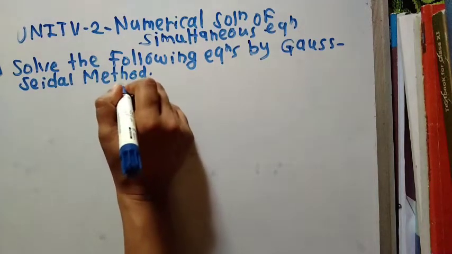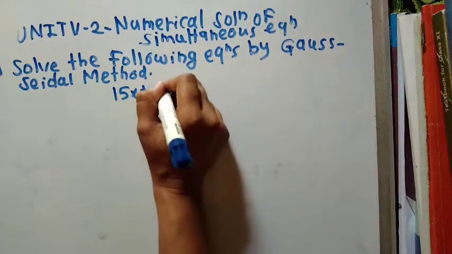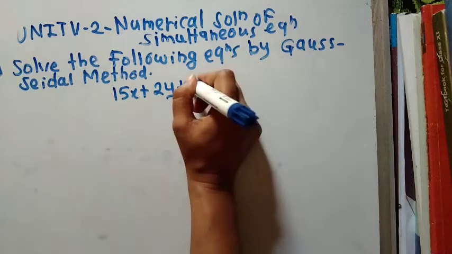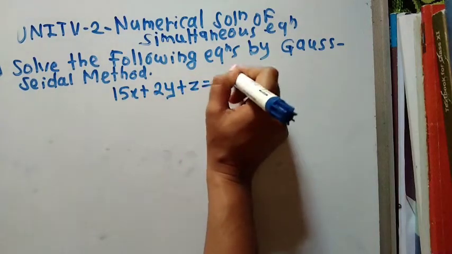So first is 15x plus 2y plus z is equal to 18.